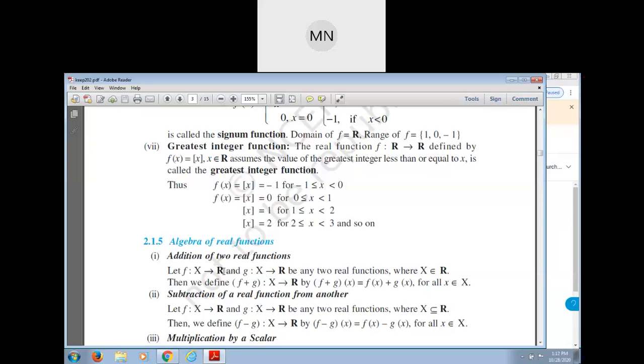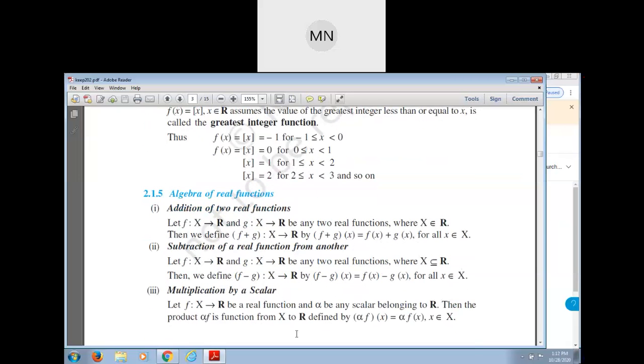Okay, and similarly, multiplication by a scalar, alpha f of x. Suppose f is a function from X to R and alpha is any scalar, any constant from R, then we can define another function alpha f from X to R. It is defined as alpha f of x equals what? Alpha times f of x. Okay.